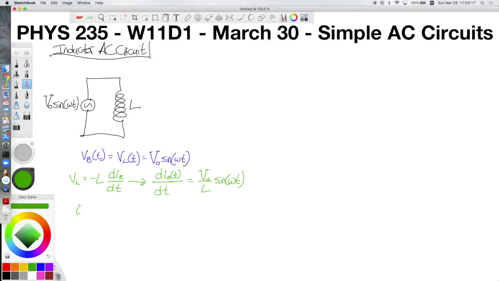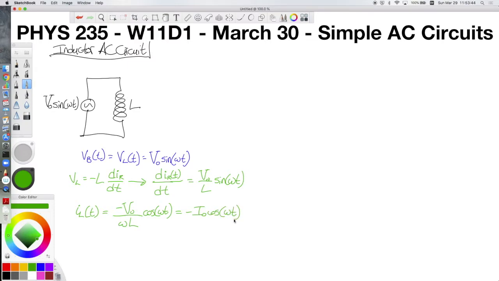The current through the inductor as a function of time is negative V naught over omega L times cosine of omega t. And we're going to call this V naught over omega L, we're just going to call that I naught again. So we get negative I naught times cosine of omega t.